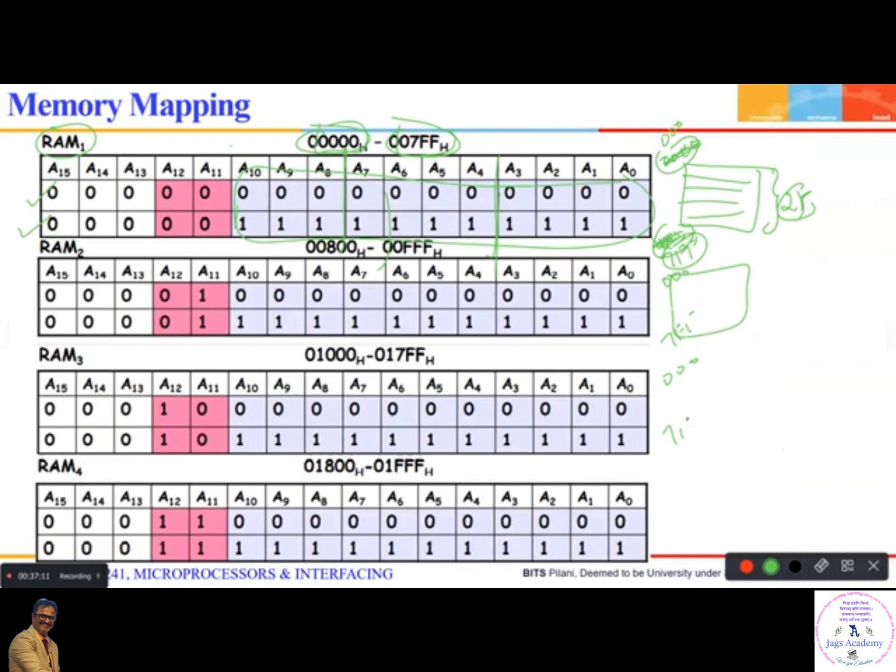So this will go directly to the address lines of the memory chip.